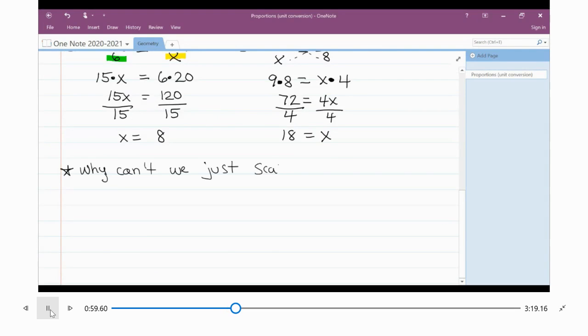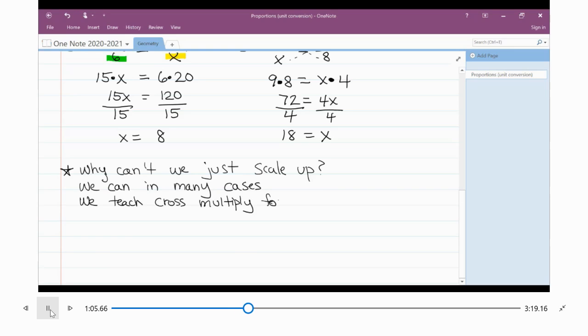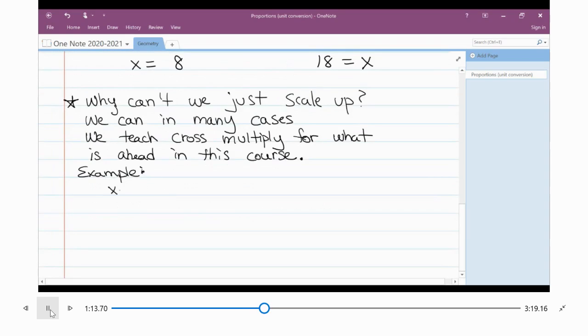Okay, so many of you might have learned something called scaling up. That does work. We can do that. The only reason we teach it in this course is it's going to be for what is ahead in the future. There's going to be more complex problems. So what I did was I created one right here. So this is essentially all algebra.